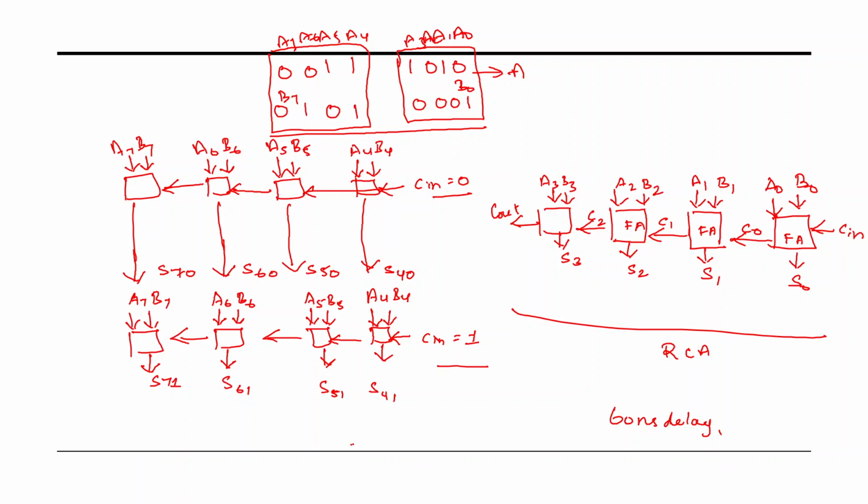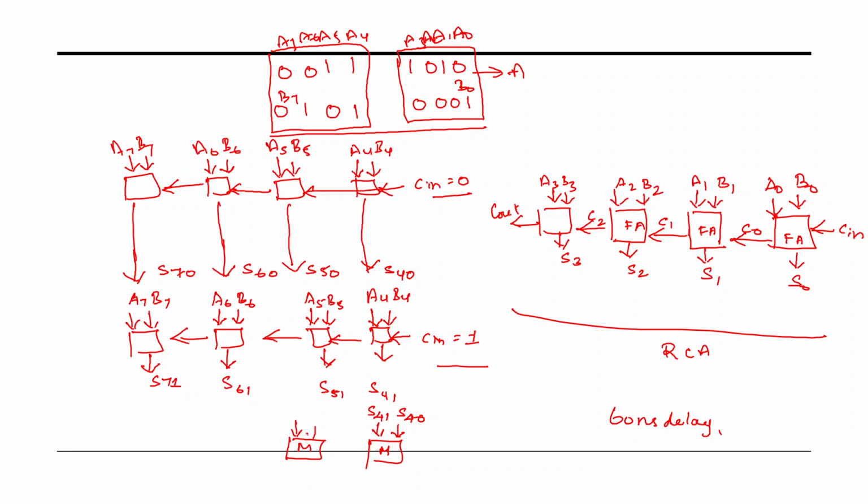So now to the multiplexer, I will give S4,1 and S4,0. So by assuming carry in as a 0, and by assuming carry in as a 1, what are the sums I will be giving to the multiplexer?